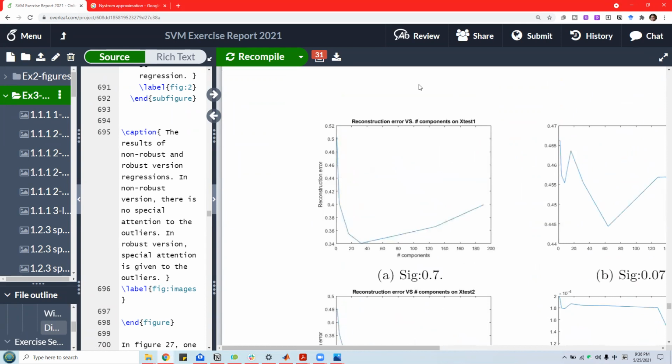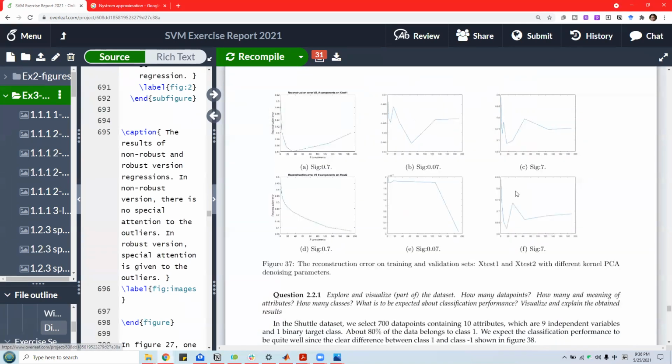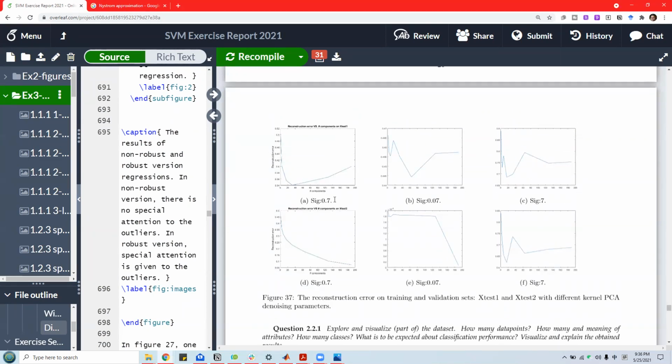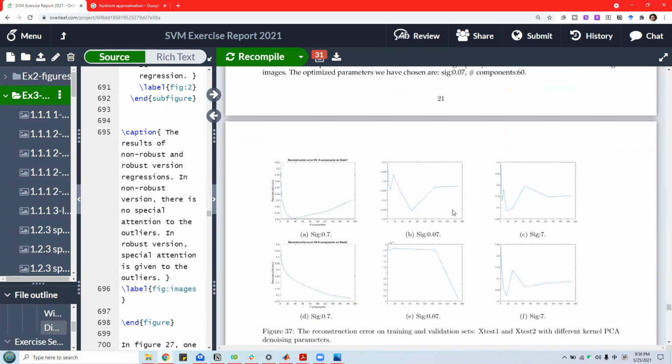The plot on the top is on test 1, and the one on the bottom is on test 2. You might get some different results, but the point is you're implementing the strategy you proposed for tuning those parameters, and then you get the result of it.